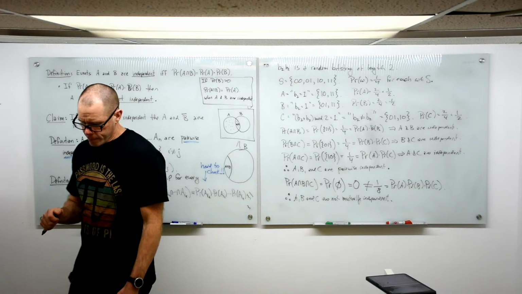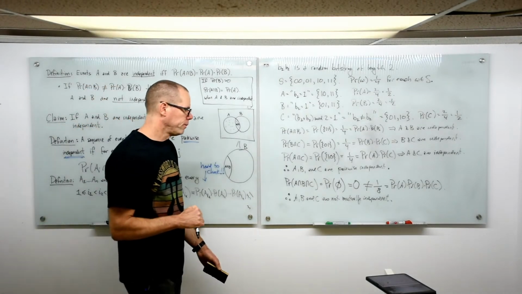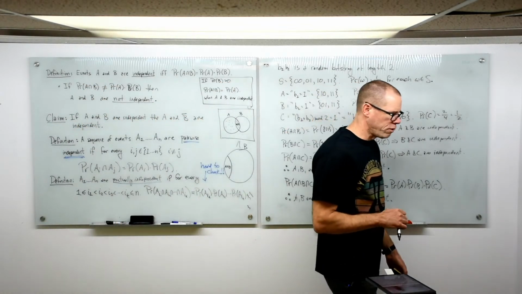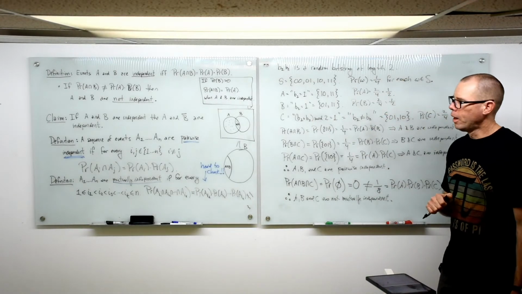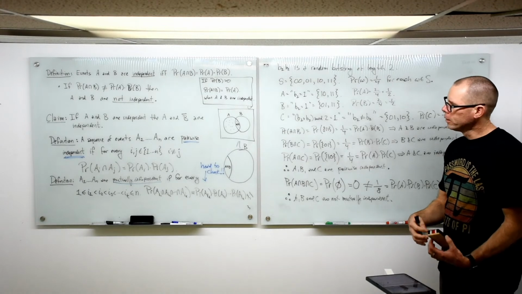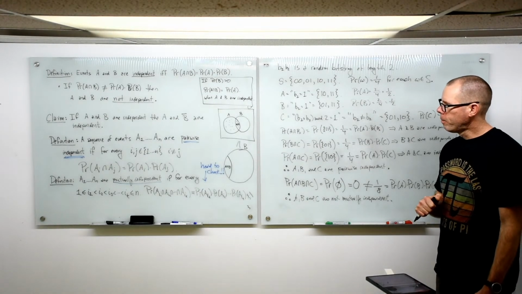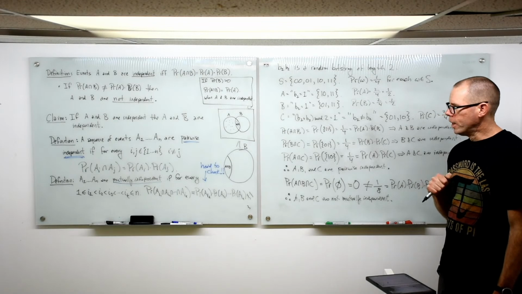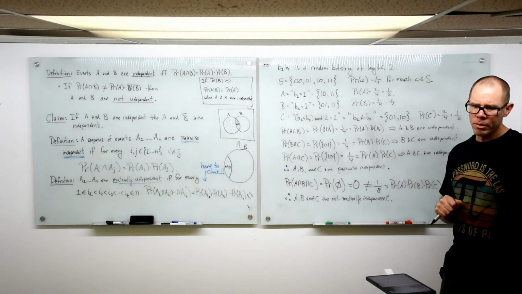So that's what mutual independence tells us. It's very powerful when you have it. It's very hard to show for anything that's at all complicated, but usually you get it because you define things to be that way.